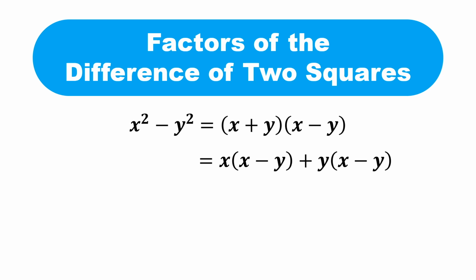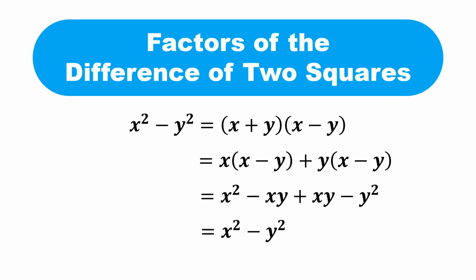That gives x quantity x minus y plus y quantity x minus y. Then, multiply. This results to x squared minus xy plus xy minus y squared. Simplifying further gives us x squared minus y squared, which is equal to the left side of the identity.